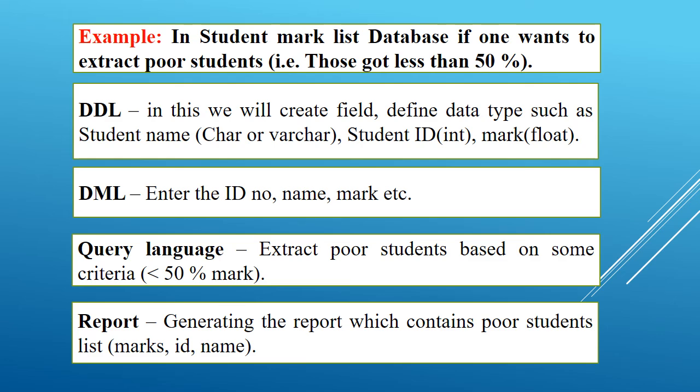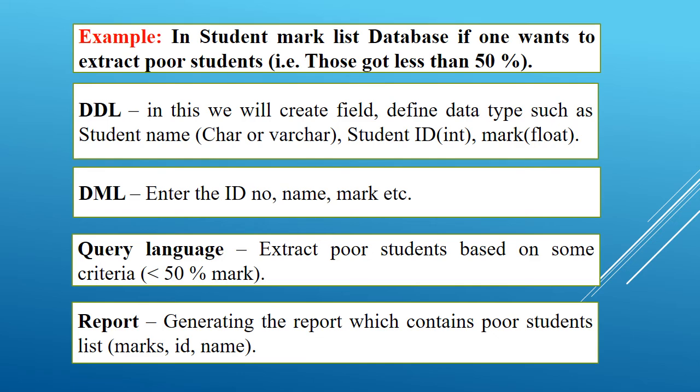See here, for example, the mark list of students. We want to extract the failed students from the database. First we want to define the database. We define student name, student ID number, and mark.